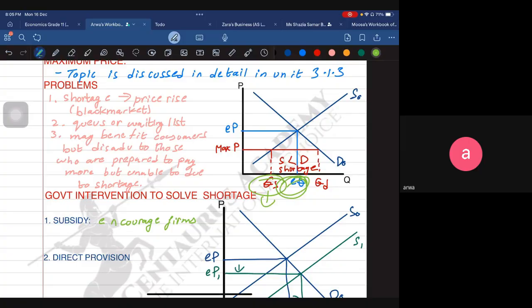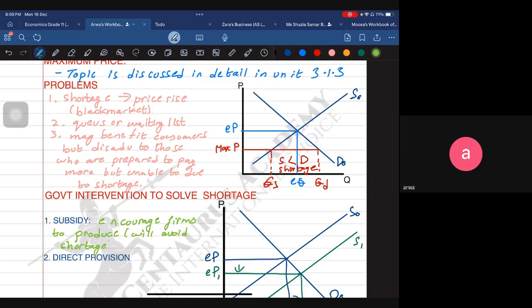It doesn't matter wherever the demand is, you have to meet the demand with a supply side policy by increasing the supply through giving the subsidy, encouraging firms to increase production. So this will basically avoid shortage. Now, does it make sense?